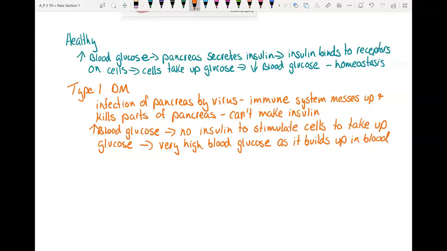So what ends up happening is the kidneys filter this glucose out when they make urine. So then that glucose is lost in the urine. So this is why diabetes causes glucose in the urine.